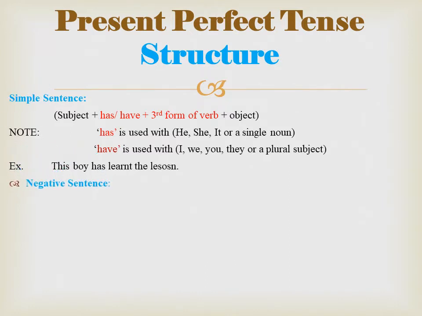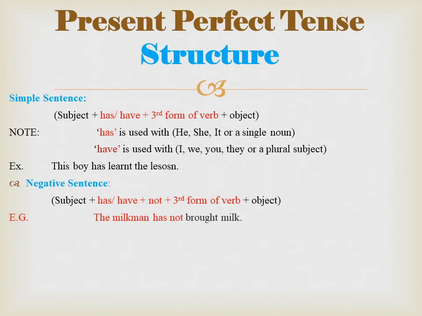In negative sentence, the structure is subject, then has/have, then right after has/have we use not, then third form of verb, and object in the end. The example, the milkman has not brought milk. The other example is here, they have not deceived anyone.